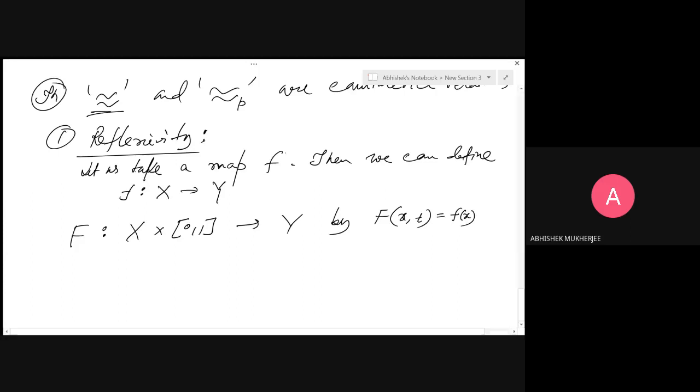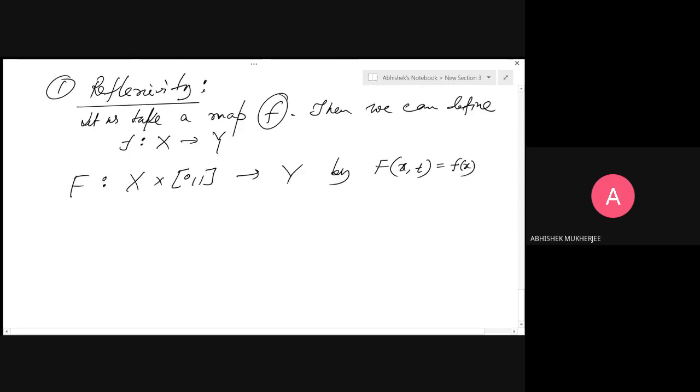And since f is continuous, it can easily be checked that capital F is continuous. It is not so complicated. So capital F is a homotopy between f and f, that is, between f and itself. That is, f is homotopic to f.